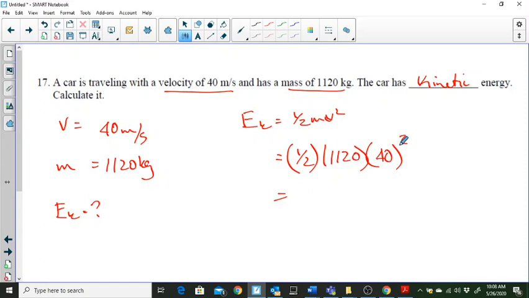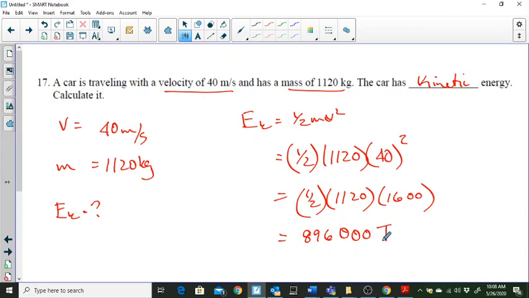So we're going to go 40, and we're going to square that. And so we're going to have 1/2 of 1120, and our 40 squared is 1,600, just like that. So now we can go times 1120 times 1/2, and here we get a value of 896,000 joules.